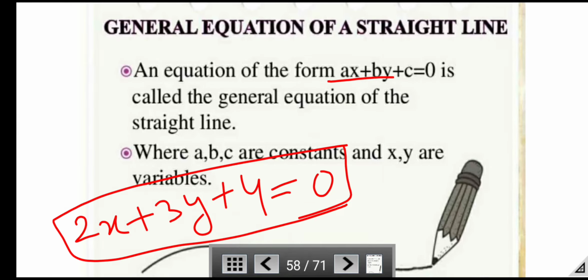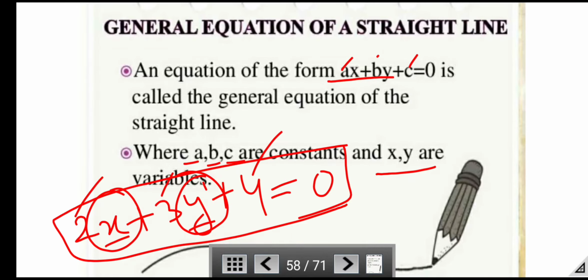This is the equation of a straight line where a, b, c, that is 2, 3 and 4, are constants and x, y are variables. Because the degree of this equation is 1, that is the highest power of x and y is 1, this is a linear equation.